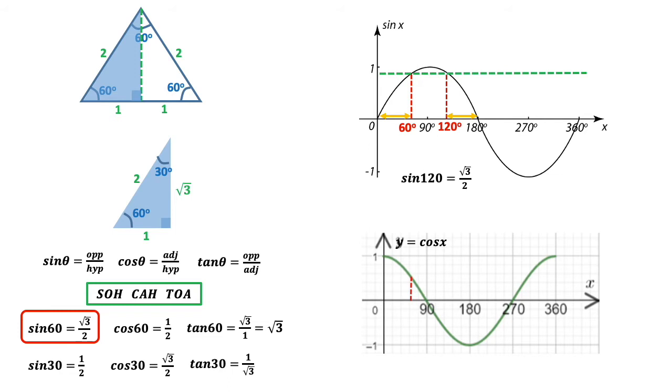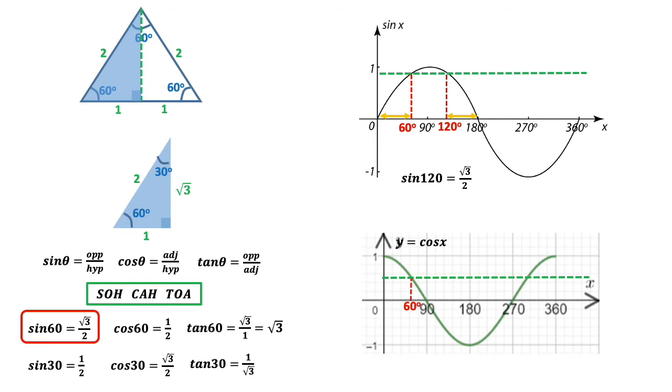That doesn't mean that cos of 60 and cos of 120 would also be the same. Because if you have a look at this graph, 60 degrees would be about here. If I draw a line going straight across, we can see actually that the other value that would give us the same value of y as 60 is not going to be 120 because it's over here.